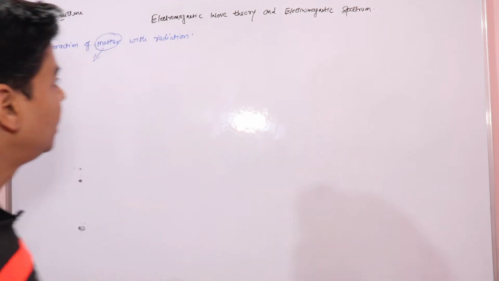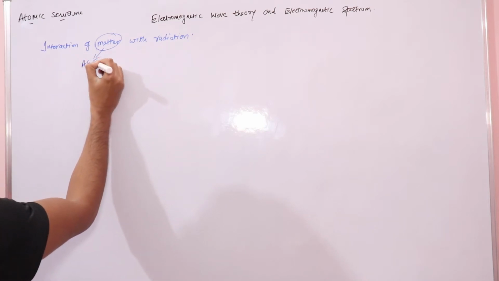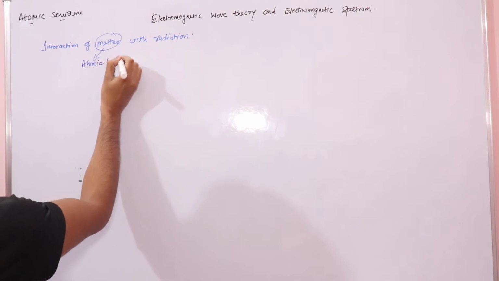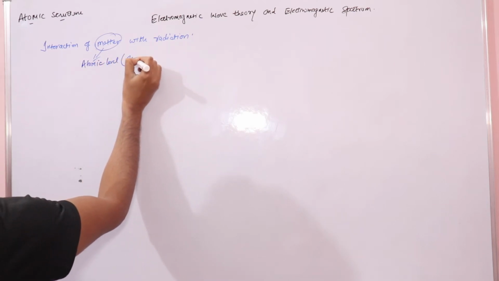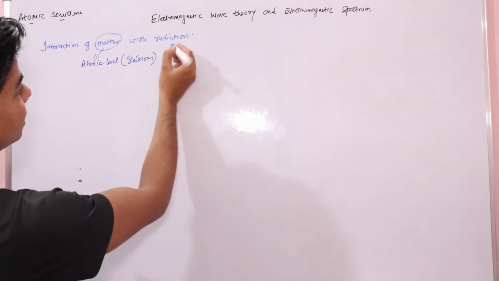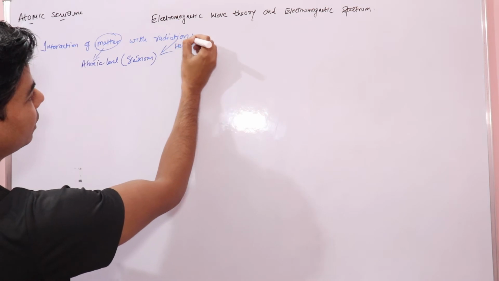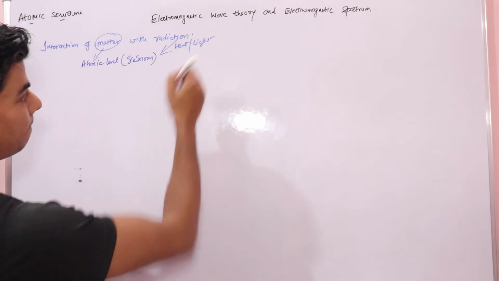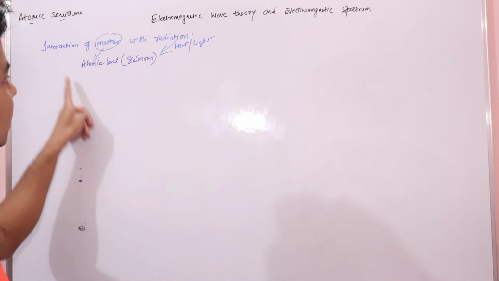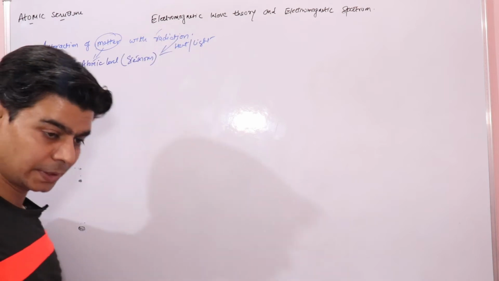This is what we would be looking into: how electrons are impacted when they receive these radiations, which can be heat or light.